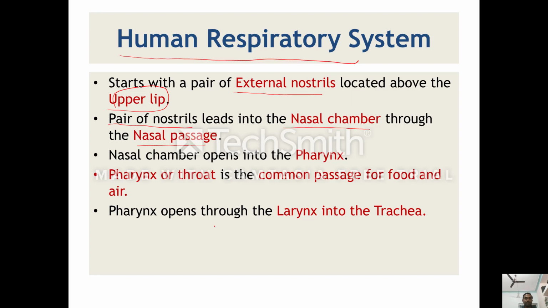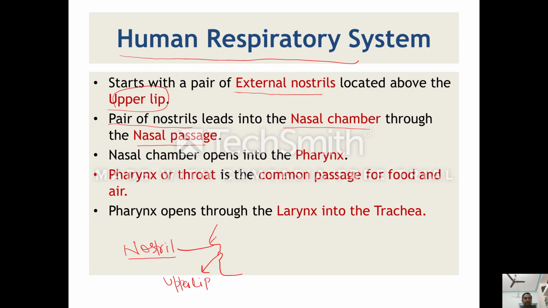If you draw a rough diagram, this is the external nostril, and this is the upper lip. Above the upper lip there is a portion called the nostril, and because it is located outside, it is called the external nostril.